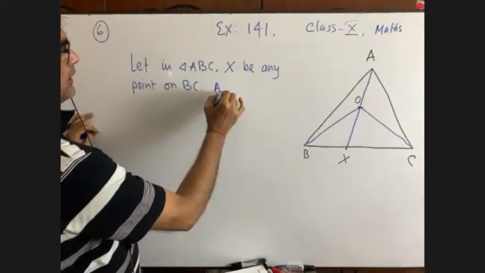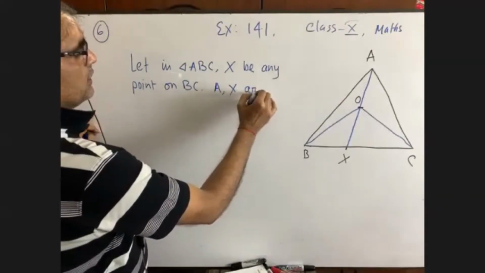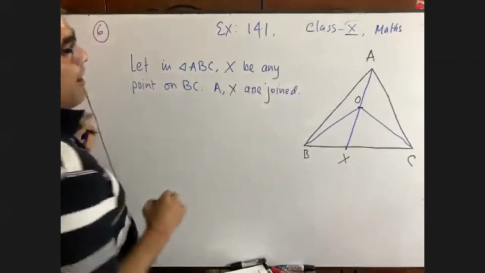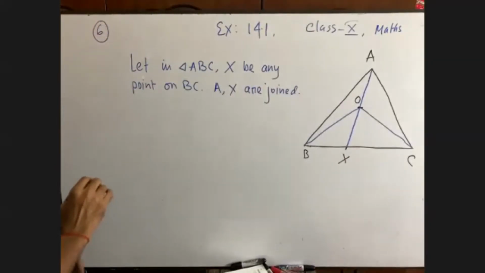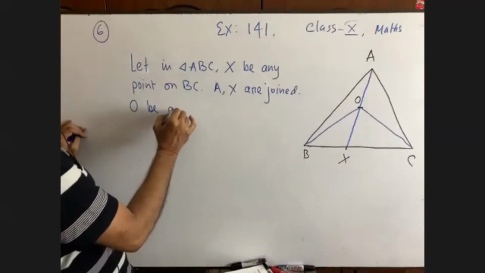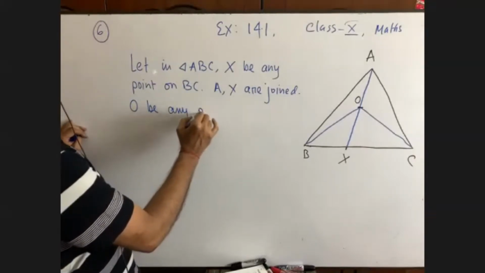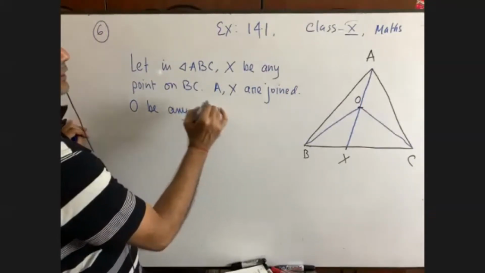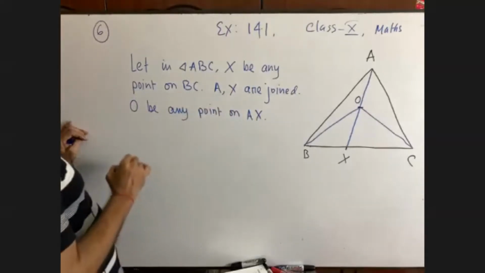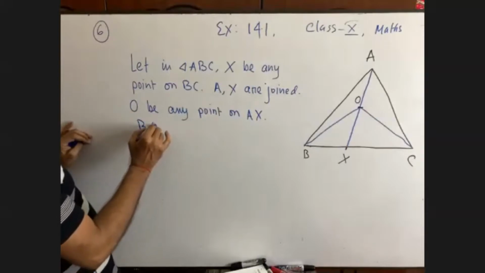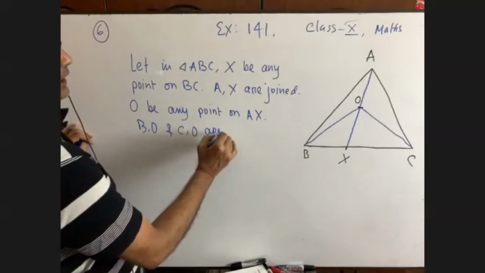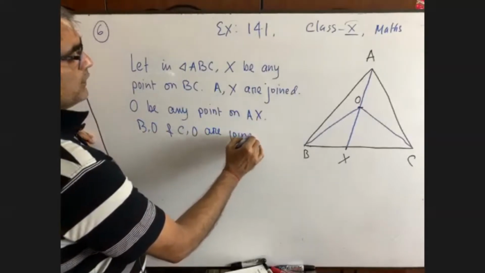A, X are joined. O be any point on AX. B, O and C, O are joined.